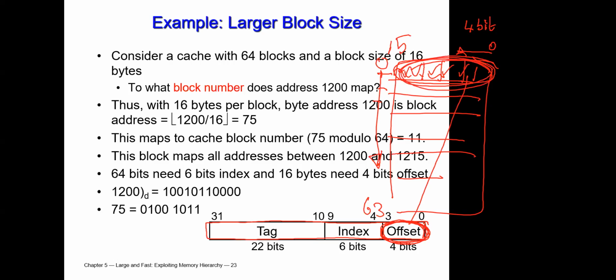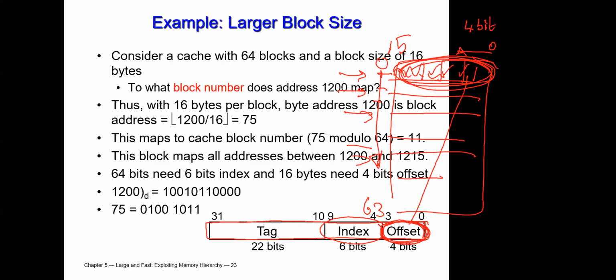Next, I need some bits to address which floor or which block number. Since they are 64 different places, how many bits do I need to use in order to correctly address any floor or block number? 6 bits, because 2 to the power of 6 is 64.